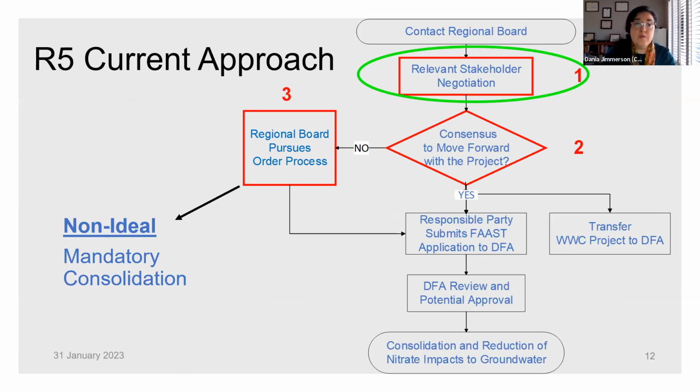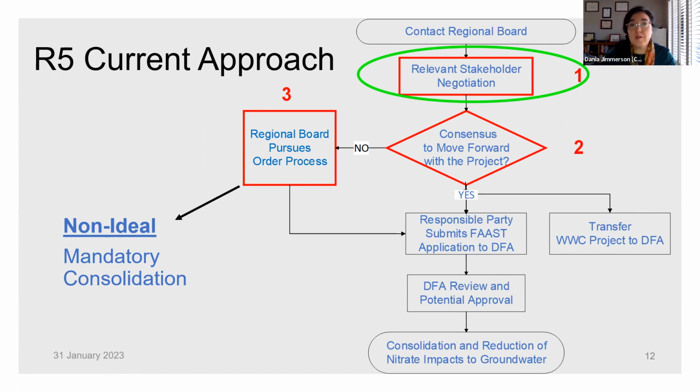So here is Region 5's current approach for the wastewater consolidation process. And so we emphasize a lot this first step, which is the relevant stakeholder negotiation process, which includes all the education and outreach to the community and to the potential sewer service providers.